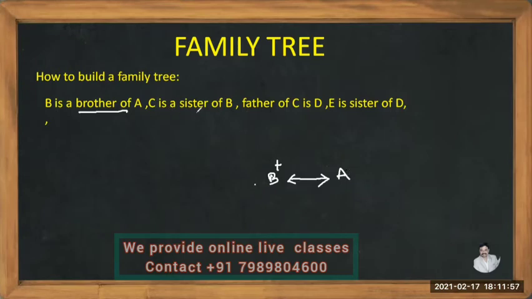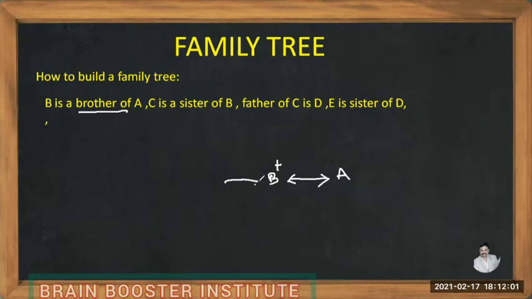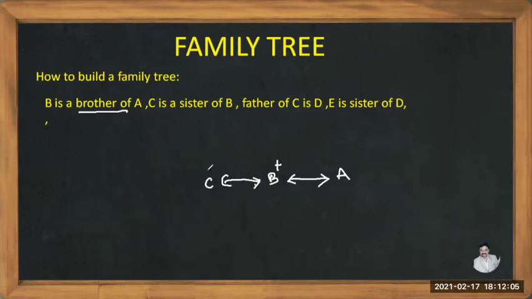The next one: C is the sister of B. As C is the sister of B, C is negative. Very simple. And the father of C is D. I already told you the father must be positive, so D must be positive.